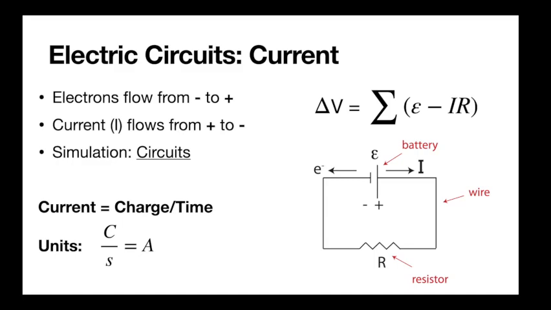Anyway, I recommend that you click that link and play around with it, especially later in the course, the next few DLs. It really illuminates very basic circuits and how they flow, and you can build more complex circuits and learn stuff. But it was just illustrating that current flows from positive to negative, and electrons flow the opposite. Okay, so current, charge per unit time instead of volume per unit time.